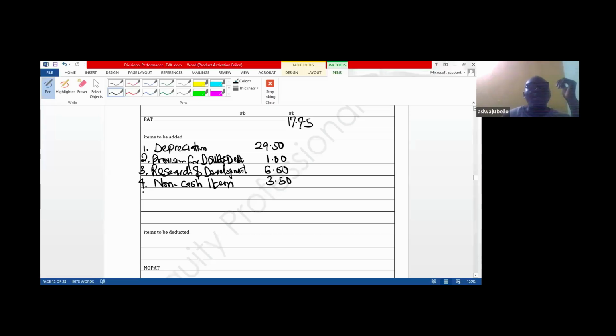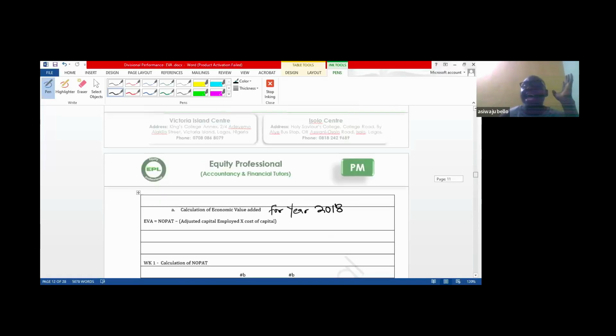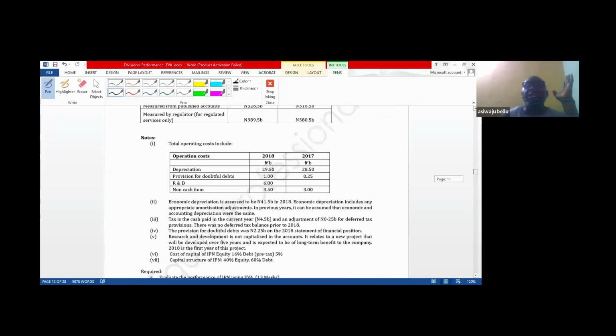Next, number 5, interest net of tax, that is interest into brackets 1 minus tax. This is what we call interest paid net of tax. Go to the question. Is there any interest paid?